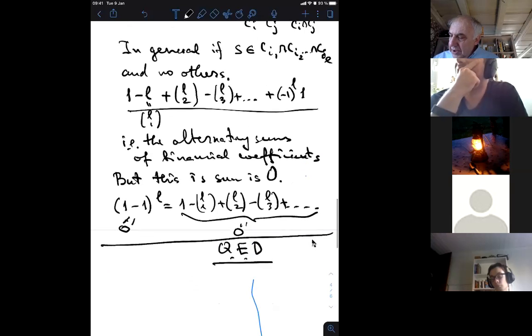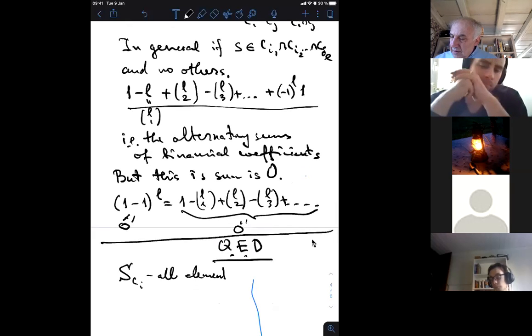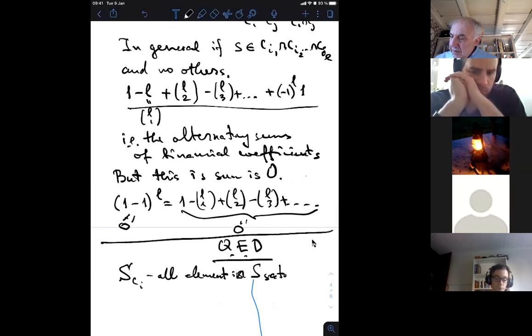Yes. So this thing means all elements in S satisfying CI. Okay.